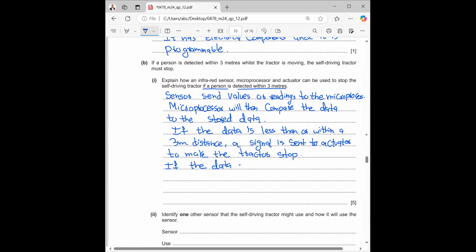If the data or signal is greater than 3 meters, then no action is taken.